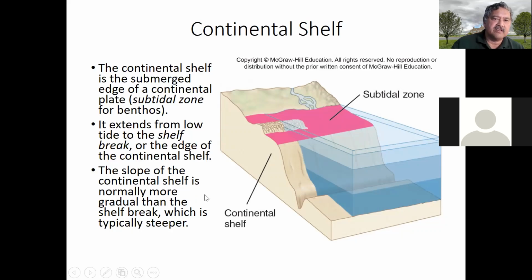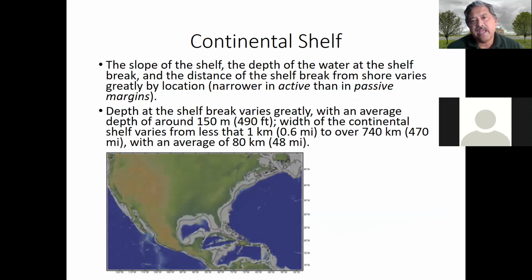The slope of the continental shelf is normally more gradual than at the shelf break, which is steeper right there at the beginning of the turn. Those areas actually have different types of life compared to other parts of the ocean.